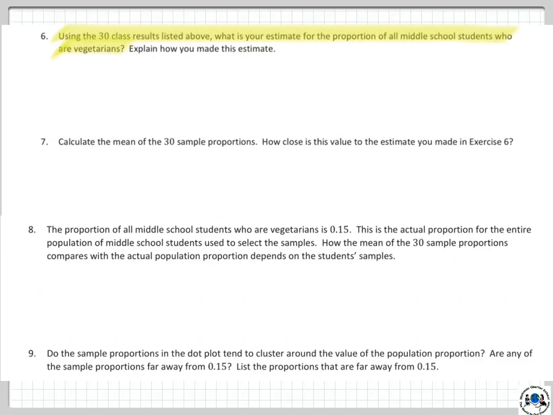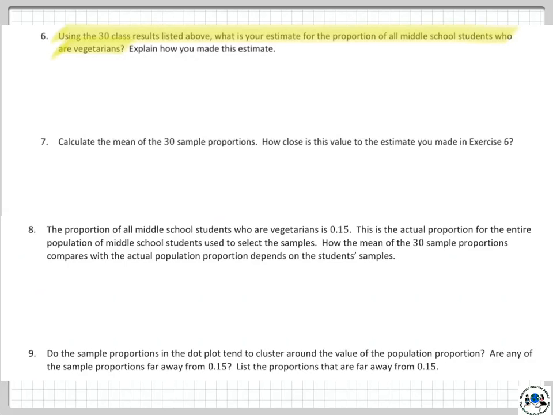Okay, and if you would explain your estimate. Again, once you pause, take a look at all that data, take a look at the dot plot, and make your estimate. Okay, I didn't pause there either, all right? Anyway, I don't know what your estimate is.